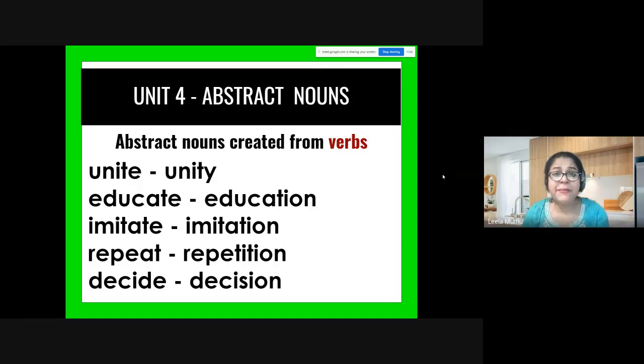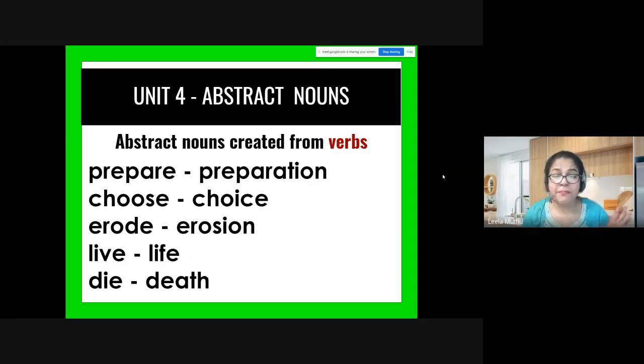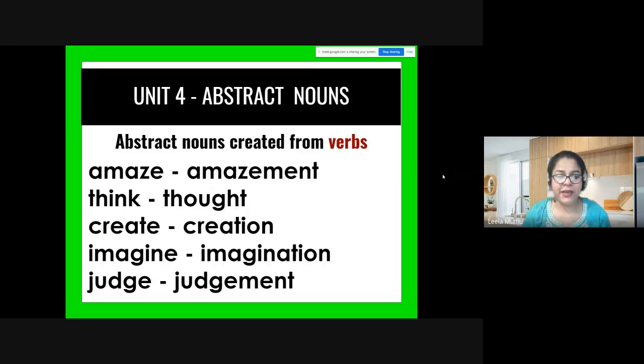Imitate, imitation, repeat, repetition, decide, decision, prepare, preparation, choose, a choice, erode, erosion, live, life, die, death. Okay. Ooh, I have made a lot more slides than I believed I did.